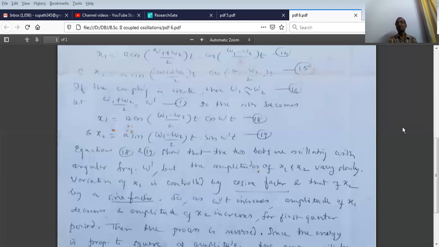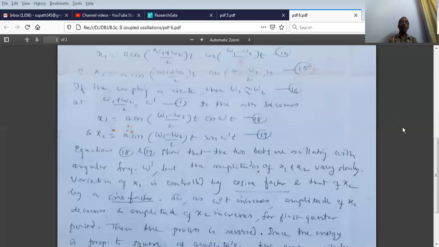Now, equation 18 and 19 show that the two bobs are oscillating with angular frequency omega dash, but the amplitudes of x1 and x2 vary slowly.